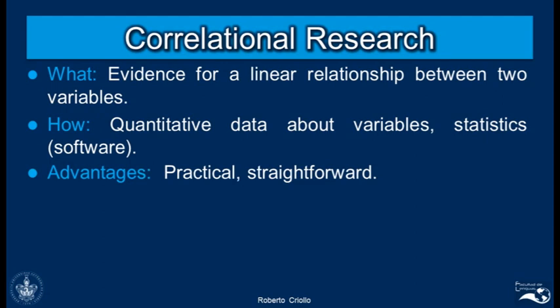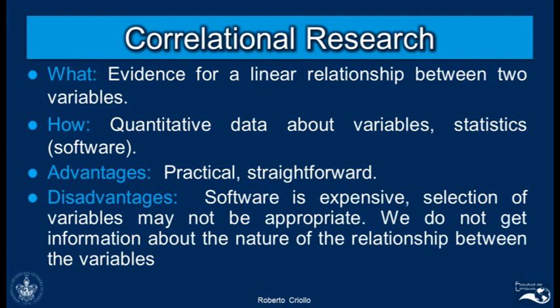Now, what are the advantages of correlation research? The advantages are obviously that it's very practical and it's very straightforward. The only thing that we do is we see the variables that we want to correlate, we collect numerical data related to those variables, and then we run a correlation using the software called SPSS.